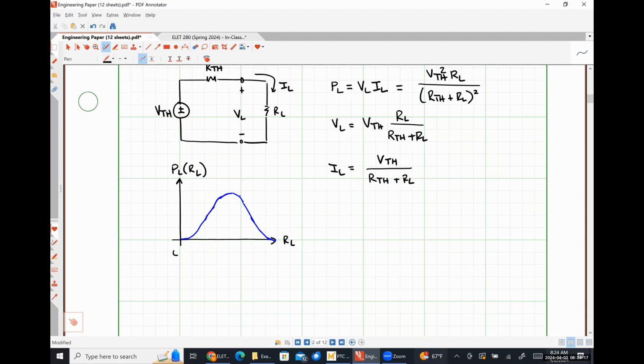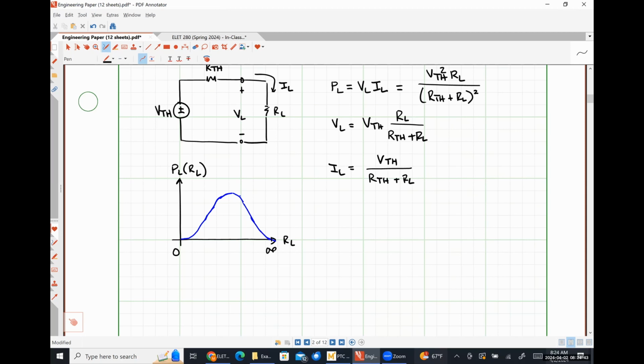Over here on the left-hand side, we have no power being absorbed by our load because our load is effectively a short circuit, right? If there's no voltage drop across it, there can't be any power absorbed. Way over here on the right-hand side is when my load resistance is effectively infinitely large, or an open circuit.